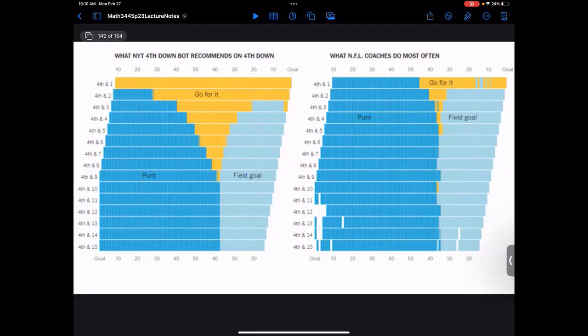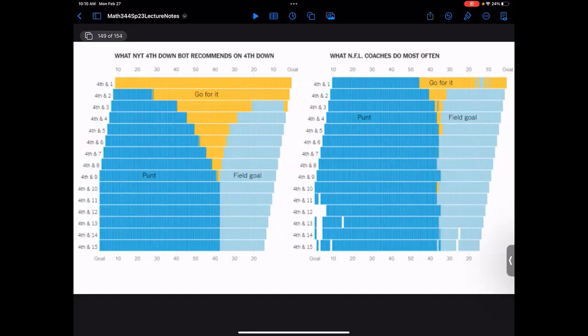And so to get values like this, we have to answer a fundamental question. This is something that's come up numerous times. What is the value of different configurations? What's the expected value? If I have 4th and 5 from my own 40-yard line versus 4th and 5 from, say, the 5-yard line, how many points do I expect to get in each configuration?